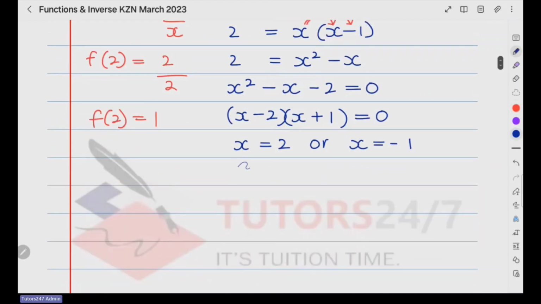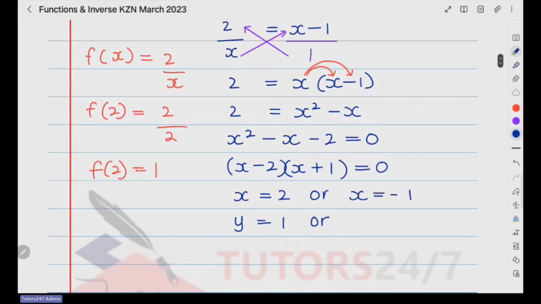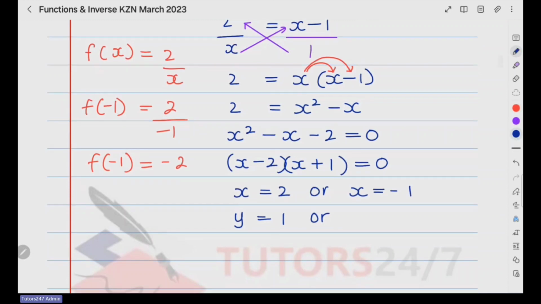So our y value when x is equal to 2 is 1. Now let's find the y value when x is equal to negative 1. So if we find f of negative 1, so we have 2 over negative 1, therefore f of negative 1 is equal to negative 2.